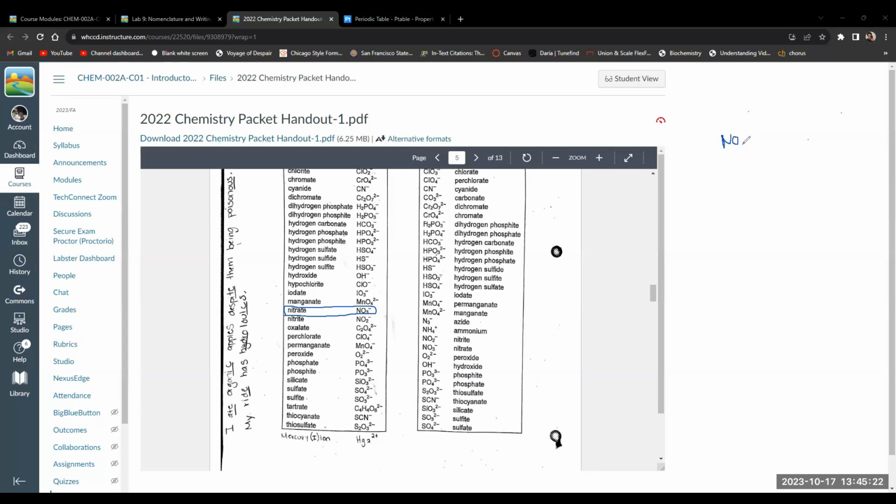So nitrate is written like this. It comprises one nitrogen and three oxygens. Notice the charge. This polyatomic's total charge is -1. That means this comes as a package. Think of this as one thing, not four.